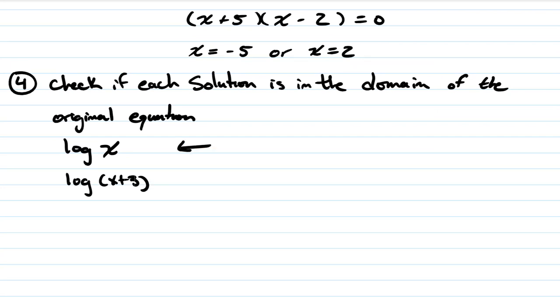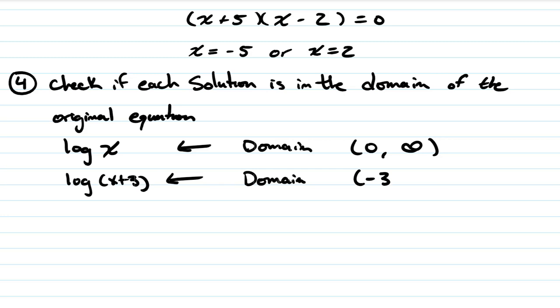So this guy has domain 0 to infinity, and this guy, the plus 3 shifts it left 3 units, so its domain is going to be from negative 3 to positive infinity.